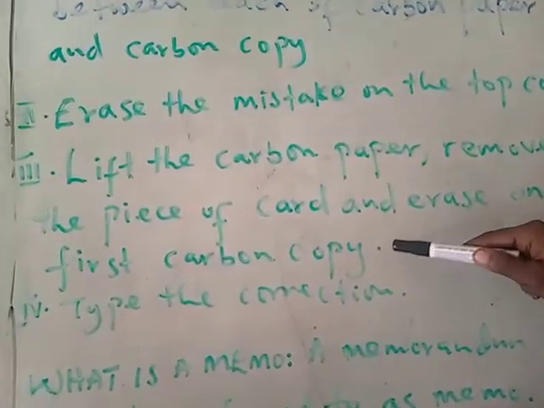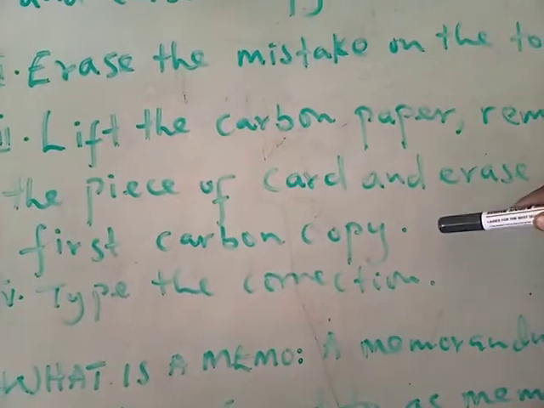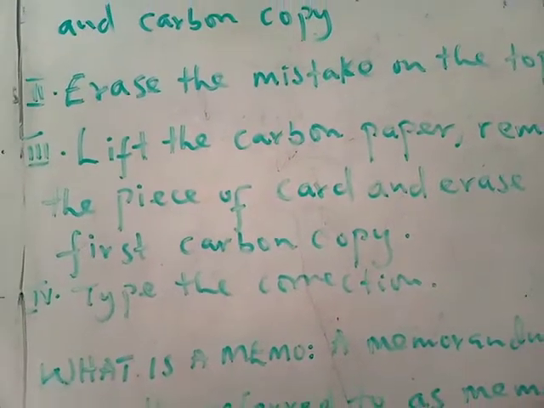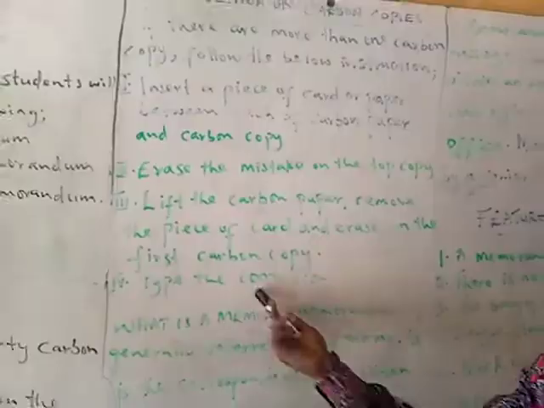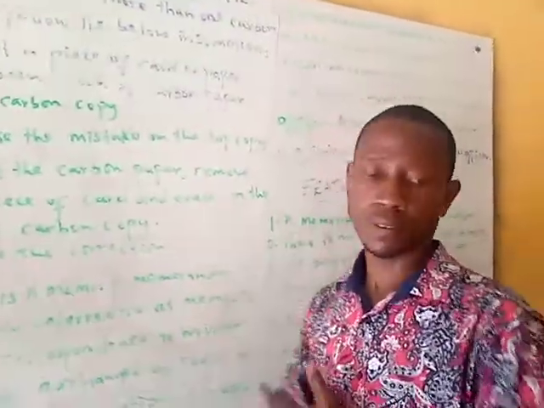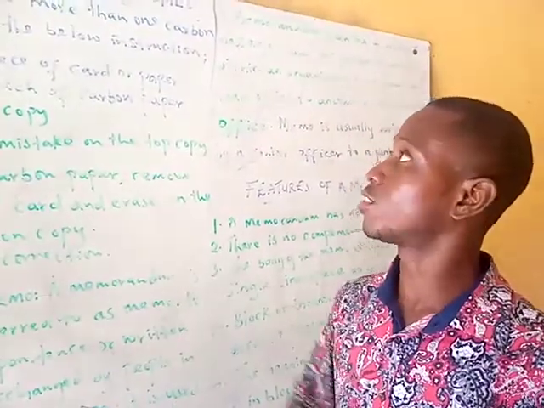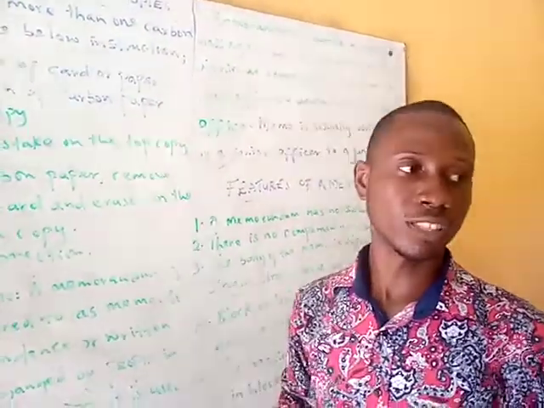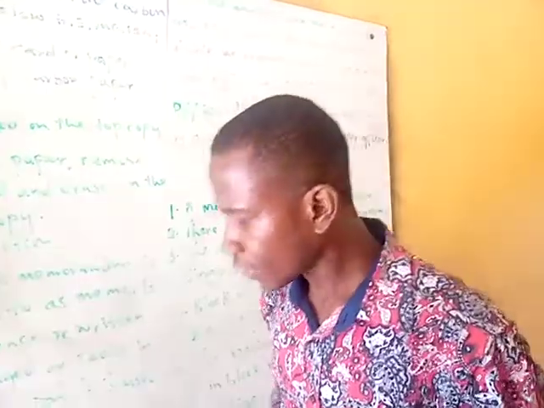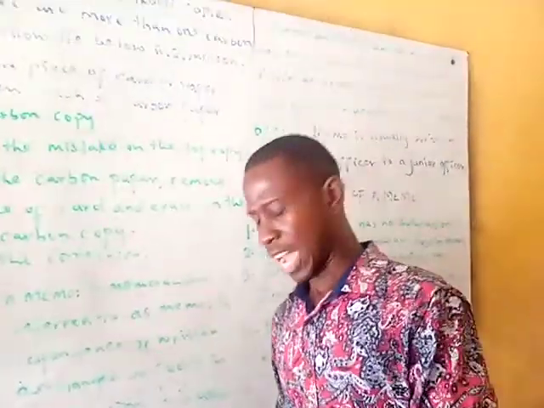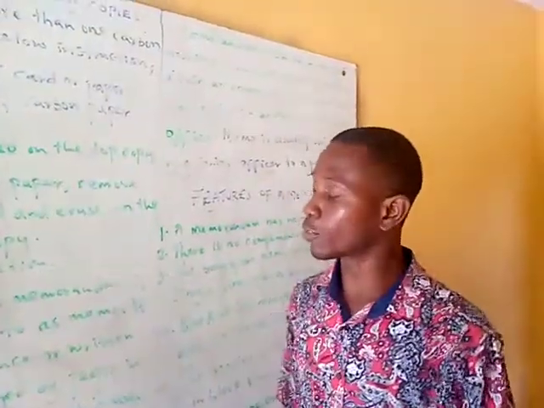Why you are doing this is that from there, all the change will be affected on the other carbon copies below. Then having done that, you type the correction and you are done with correcting your errors on the carbon copies. So, having said that, let's go to the topic of today.